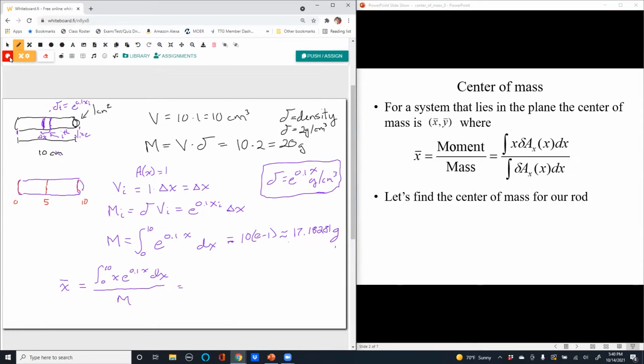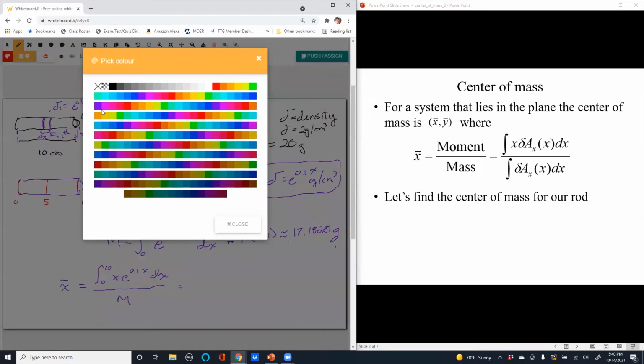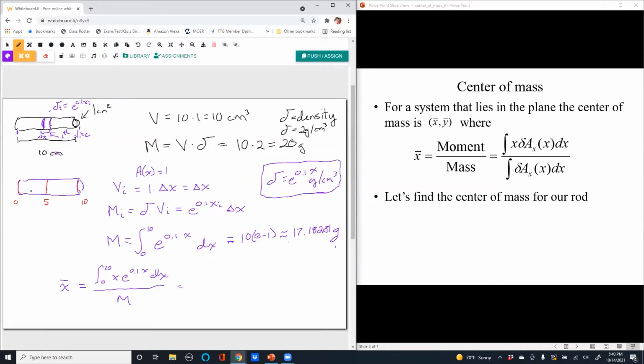So here's the question I want you to think about. If our density is increasing, should the center of mass, the balancing point on this rod, be less than 5, equal to 5, or greater than 5? What do you guys think? If you had to guess. This is just using some intuition based off the fact that our density is an increasing function.